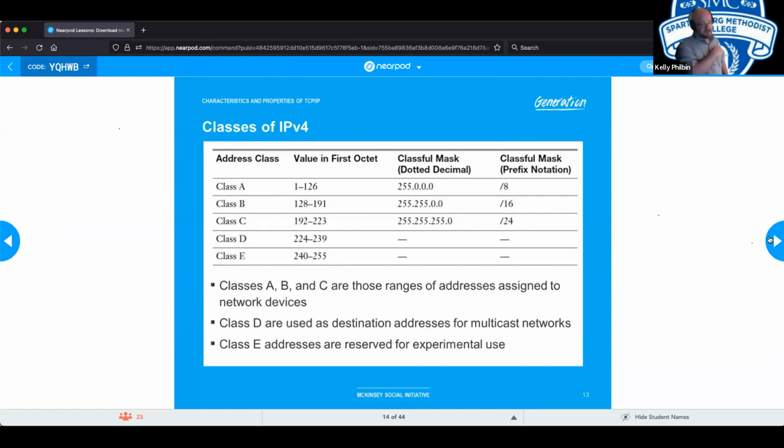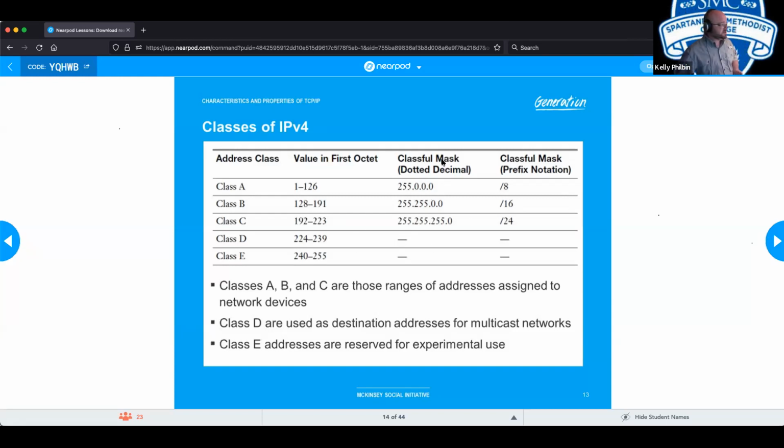And then you would have a host broadcasting to those specific addresses. Those would be class D addresses that you would typically be using for that. E is utilized predominantly for experimental use. All right. Class A addresses notated.